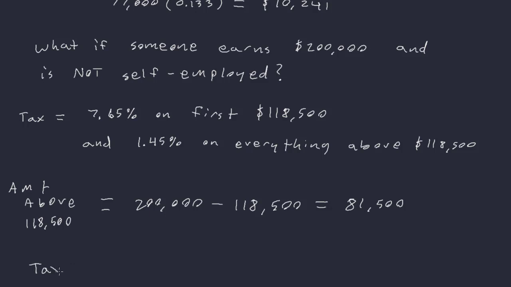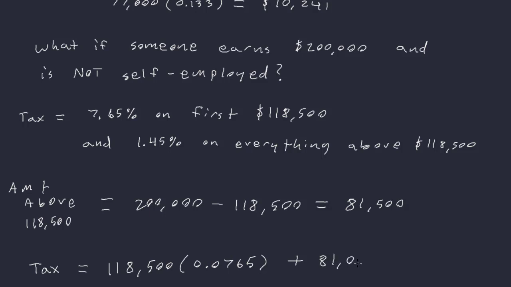So the tax is going to be the 7.65% on this first amount, so it will be this $118,500 times 0.0765.